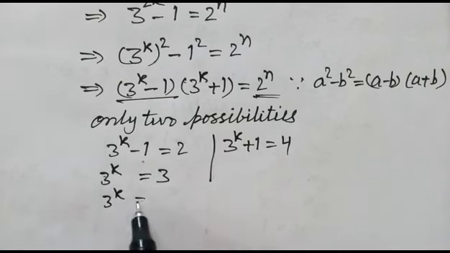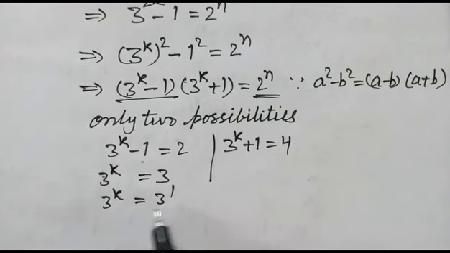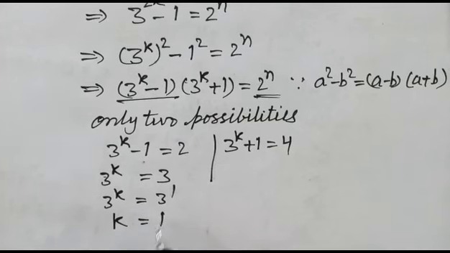So 3 to the power k is equal to 3 to the power 1, or k is equal to 1.